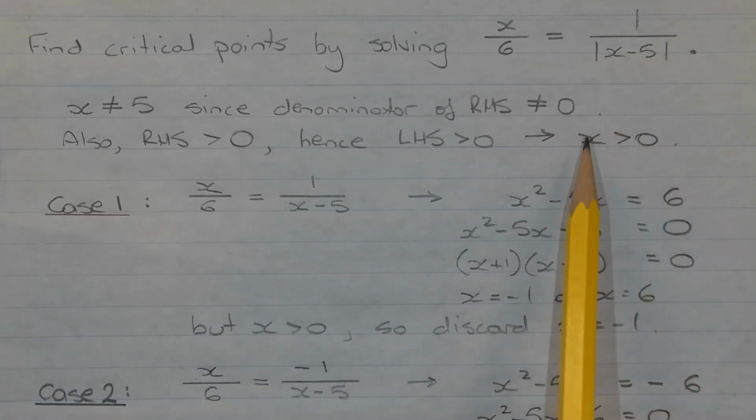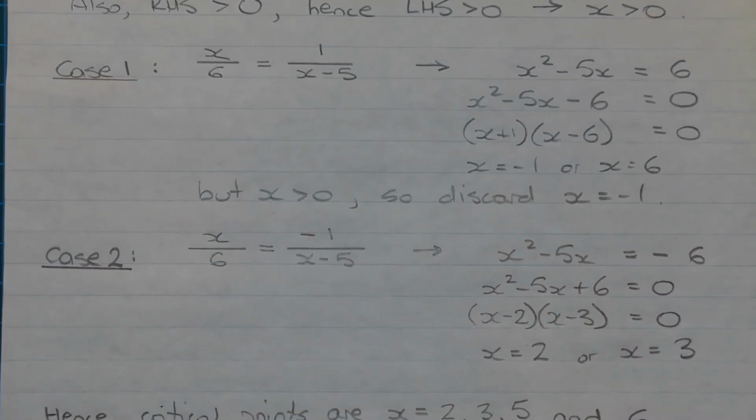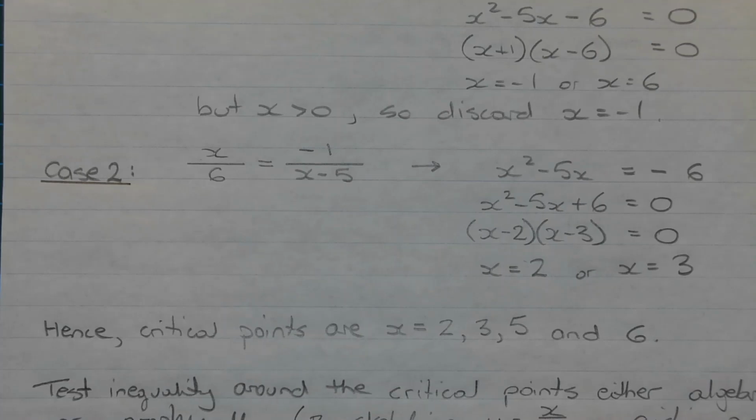But we stated earlier that x has to be positive, so we'll discard x equals negative 1. Let's consider the negative case, case 2. We have x over 6 equals negative 1 over x minus 5. We'll repeat the same thing. By cross multiplication, we form the equation x squared minus 5x equals negative 6.